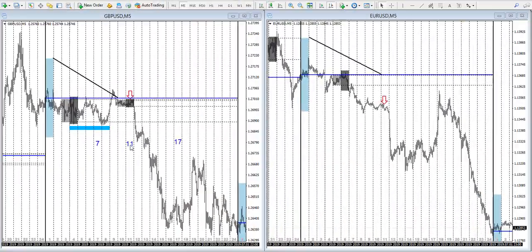I'll just show you an example here of cable. Noting this liquidity pool here, time of day, midnight New York.